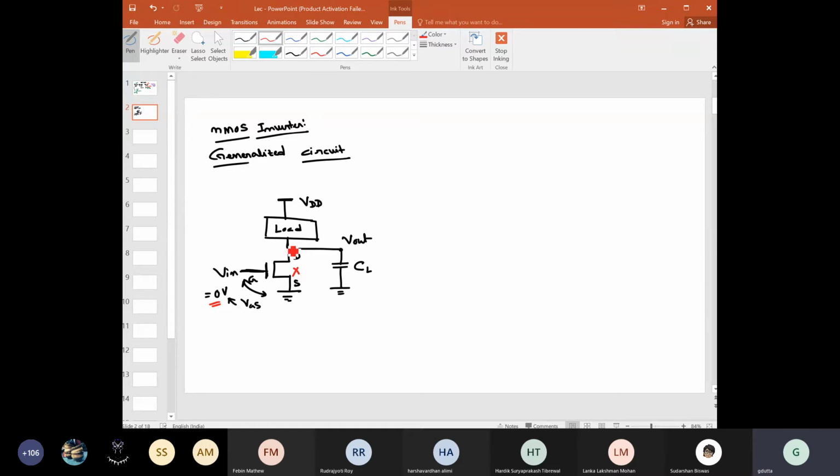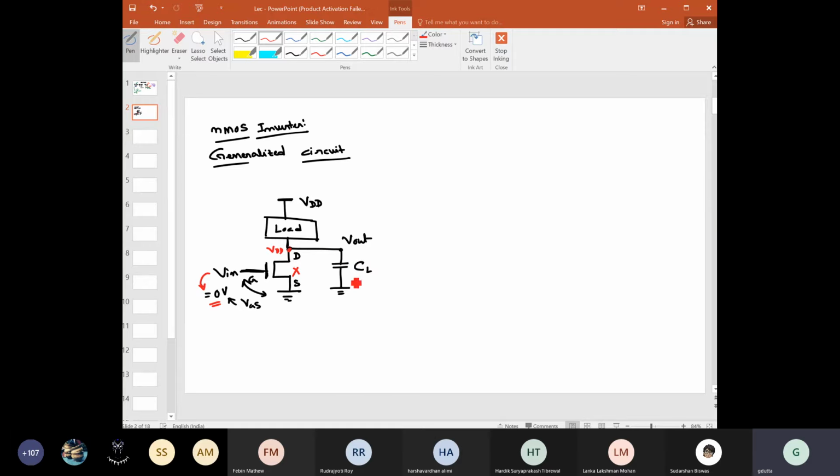So here the voltage is VDD, right? Suppose initially this capacitor was discharged, no voltage across this capacitor. So initially the voltage was 0, but when V in equal to 0 voltage has been applied, this is off. So one current will flow, just to charge this capacitor.